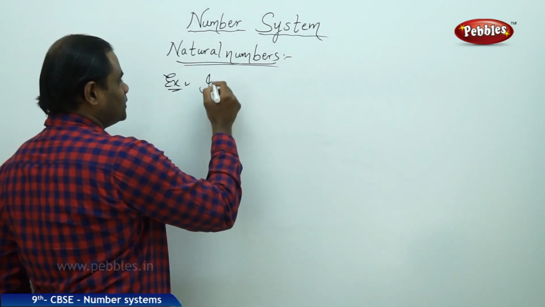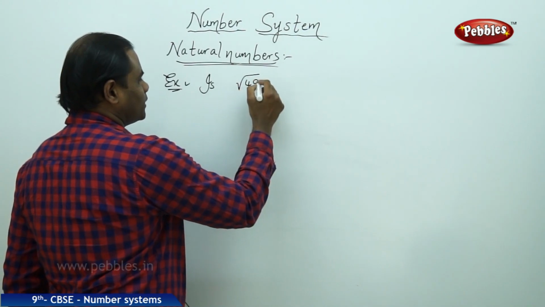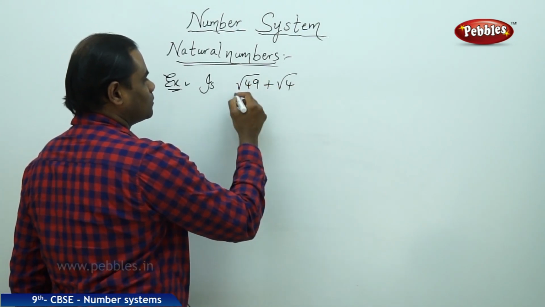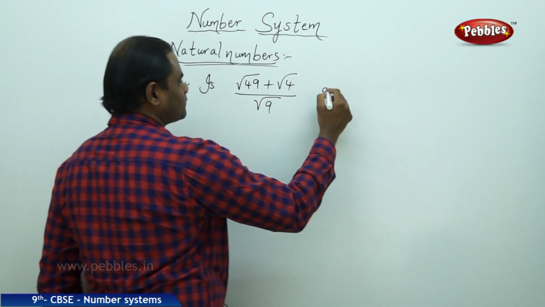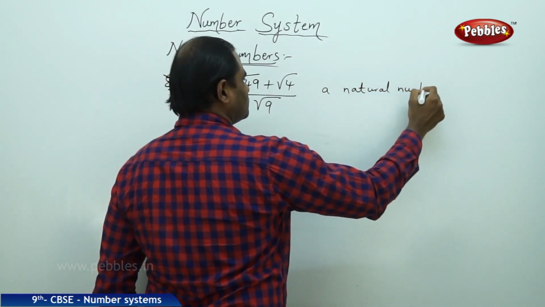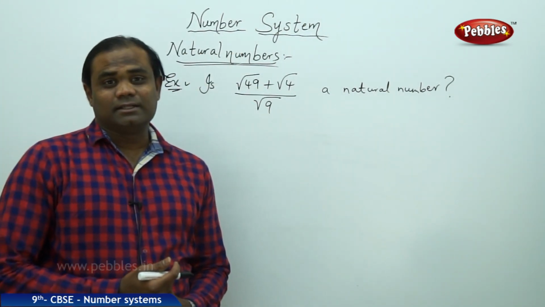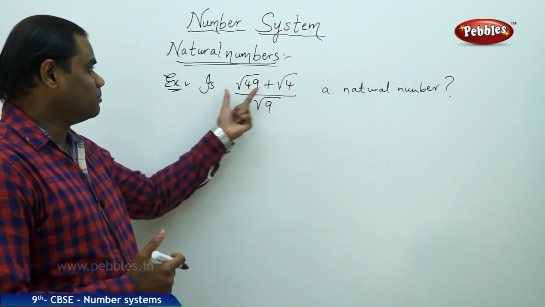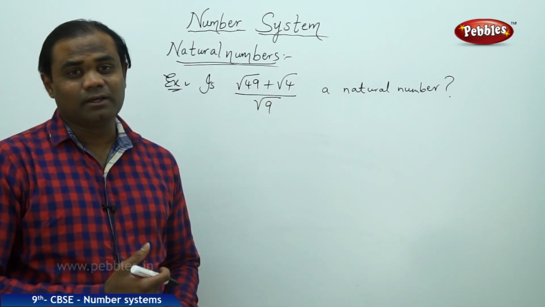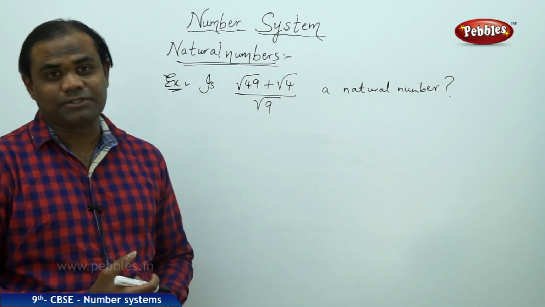Now the question here is: is root 49 plus root 4 by root 9 a natural number? Here we see that there is more to be simplified before we justify whether this given number is a natural number or not.